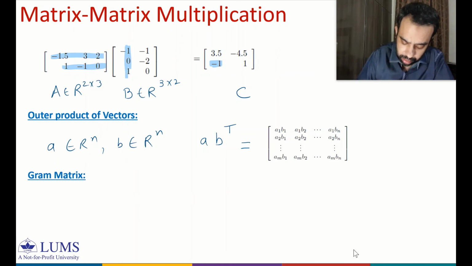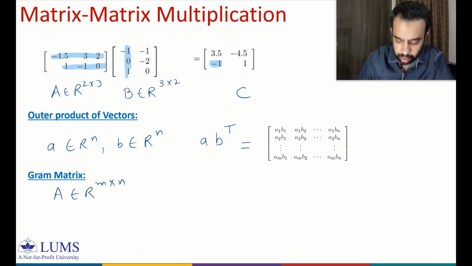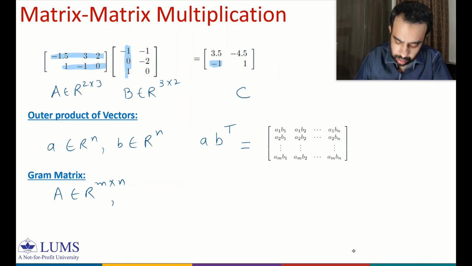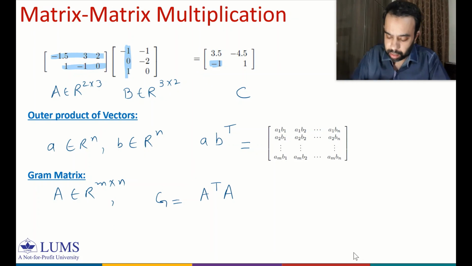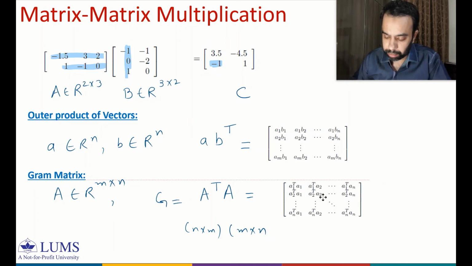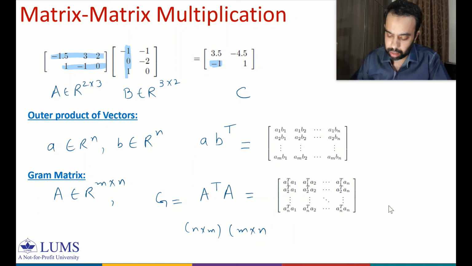Say I have a matrix A that belongs to R m cross n, so we define a gram matrix, denoted by G, that is simply a product of A transpose with A. A transpose would be a matrix of size n cross m, and A is m cross n, and what you get is a matrix of size n cross n, that will be simply given by this matrix, which we call the gram matrix.